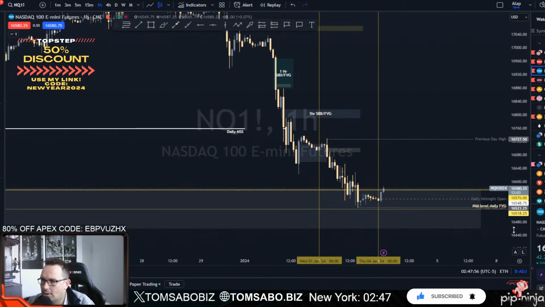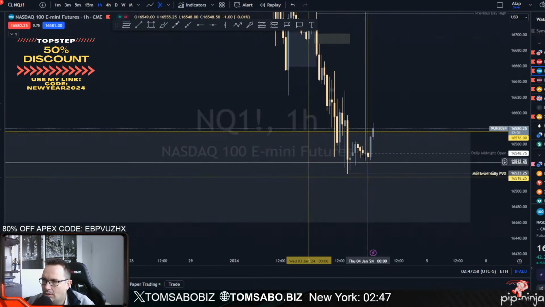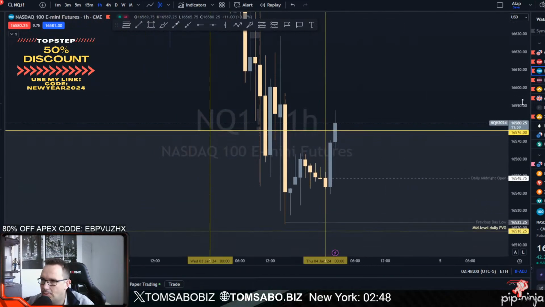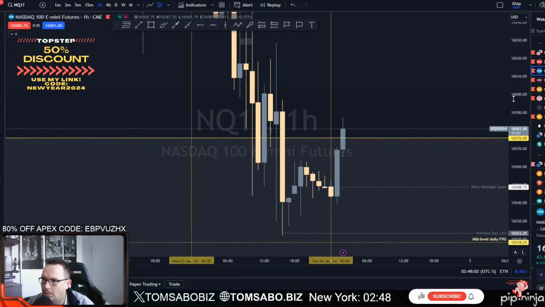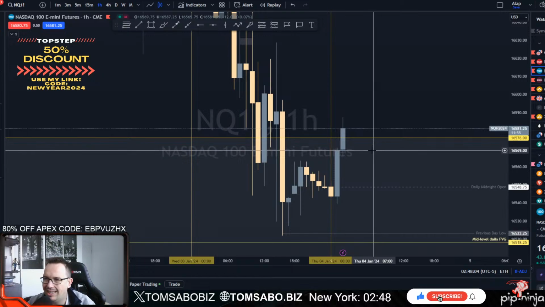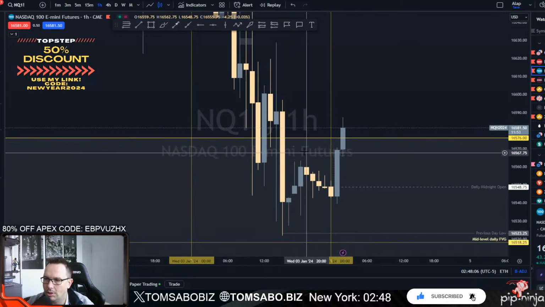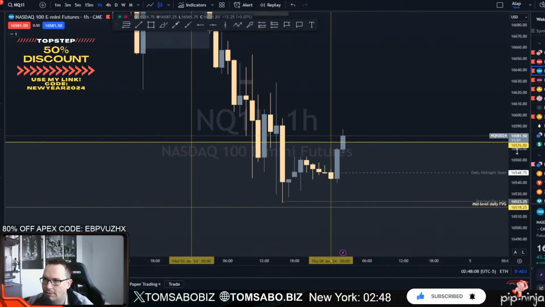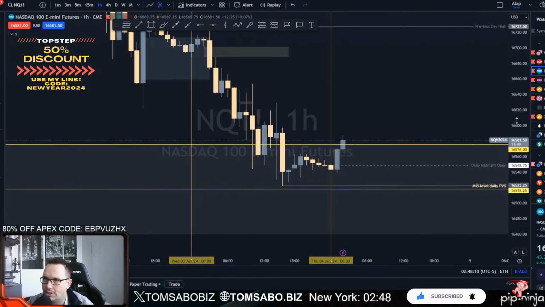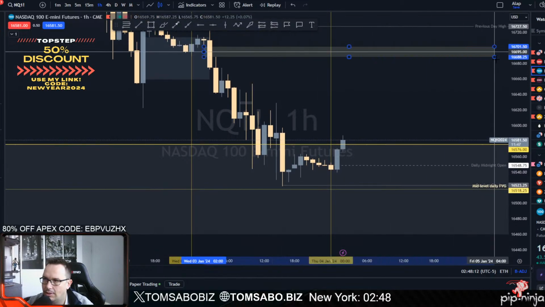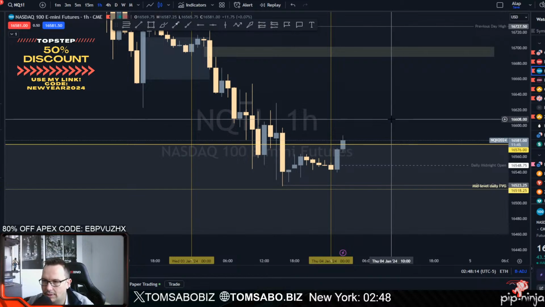Okay, so now what we can see is we have a bullish market structure shift on the 1 hour, and I do like that. Bullish market structure shift. I really love this scenario. We have buy side here, a good target for liquidity.